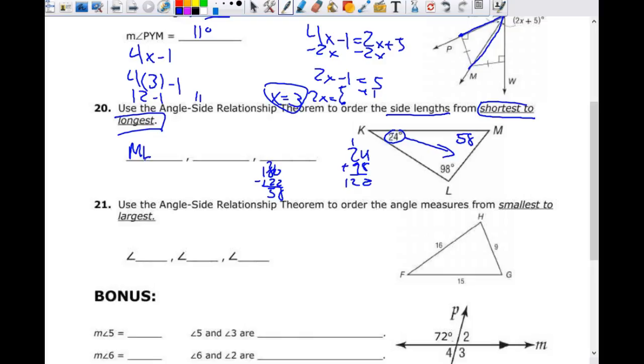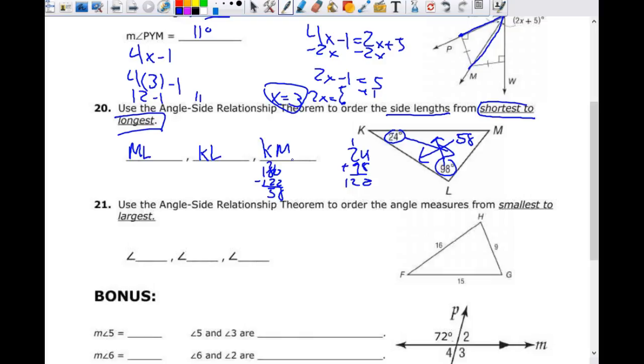Which one of these three is our medium-sized angle? KL? That's a side. I'm asking for an angle. 58. But you are correct. Across from 58 is KL. And then our last one right here is our largest, so our largest side is KM.